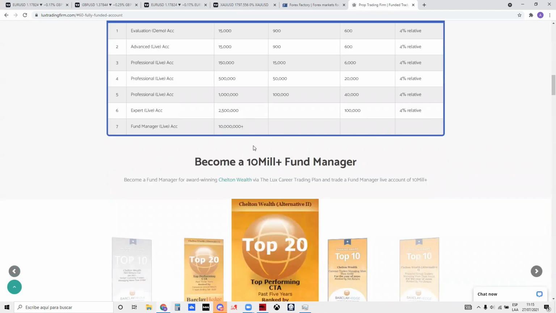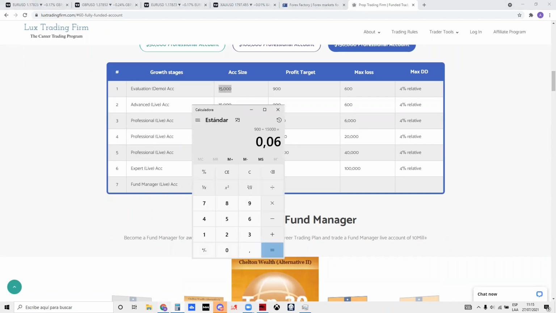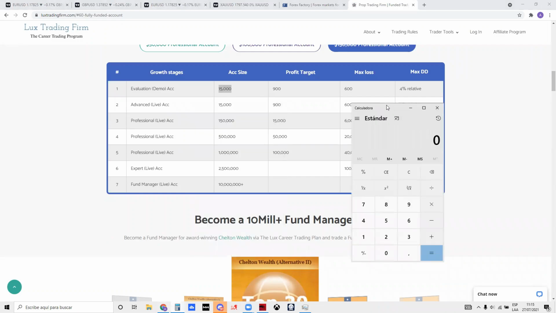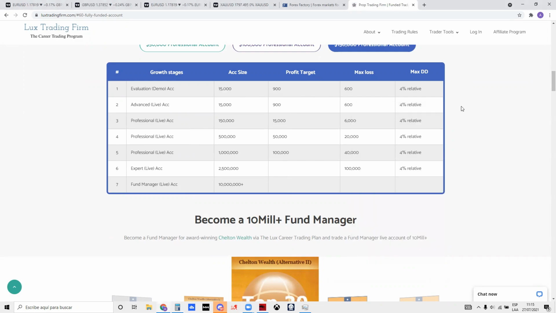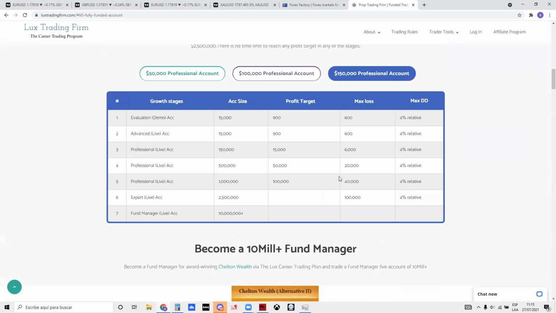Imagine doing, because here the target is 900 for a $15,000 account, so it's a 6% target. If you hit 6% on a 10 million account, that's $600,000 in profit, and you get to keep how much? I don't know. What is the profit split here?